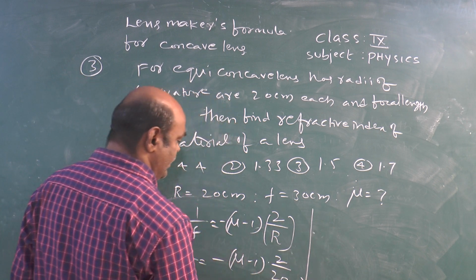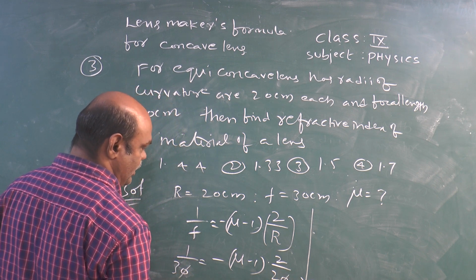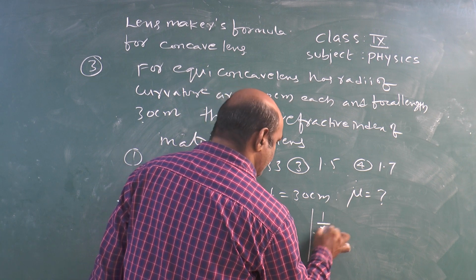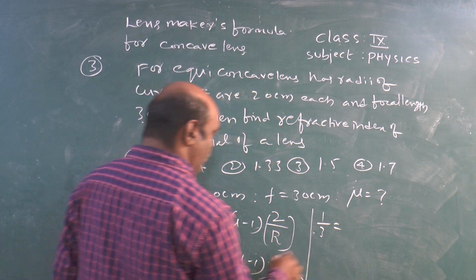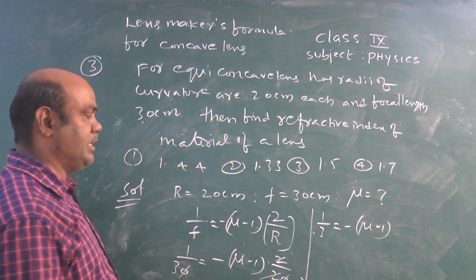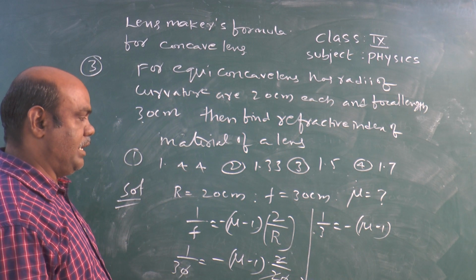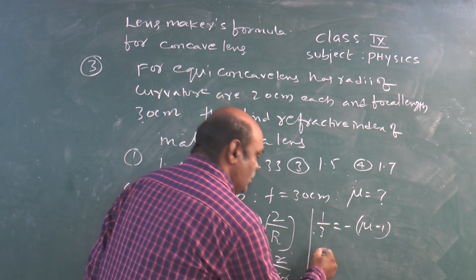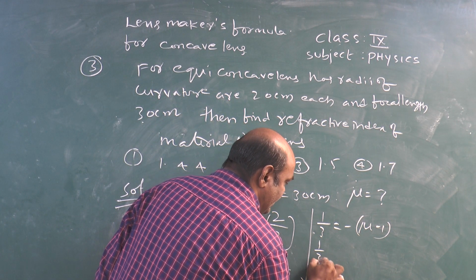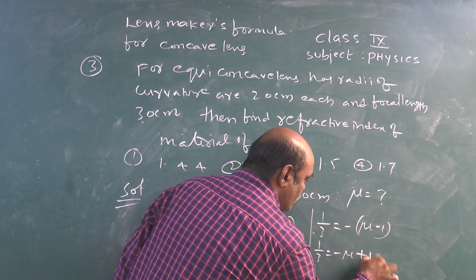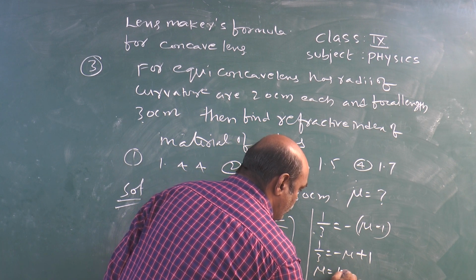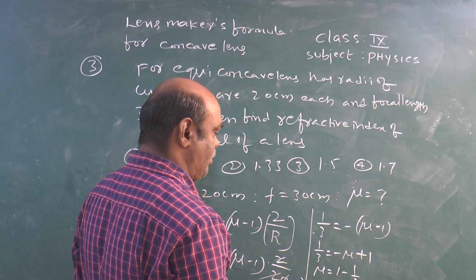Okay, now here this 0 cancels, 2 and 2 cancel. So 1 by 3 is equal to minus of mu minus 1. So 1 by 3 equal to minus mu plus 1. So when mu comes to this side, mu equal to 1 minus 1 by 3.